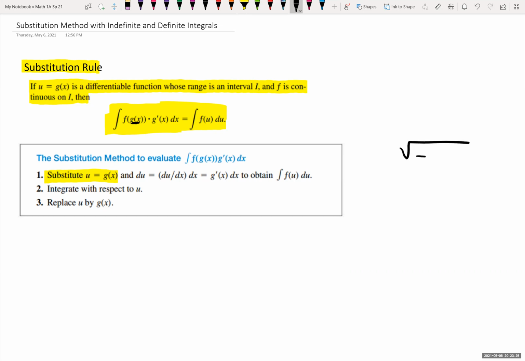If you have something raised to a power with more than one term, or if you have natural log of x, we don't know how to take the antiderivative of that, so that's a clue that you should choose your u to be that. Sometimes with e to the g of x, we could choose u to be our exponent. Those are some things to look for when you're deciding what u to be.